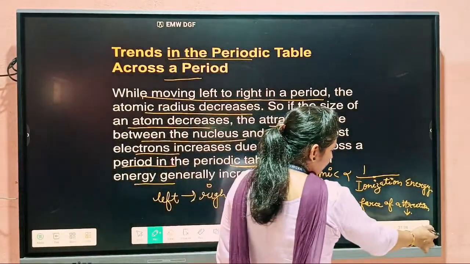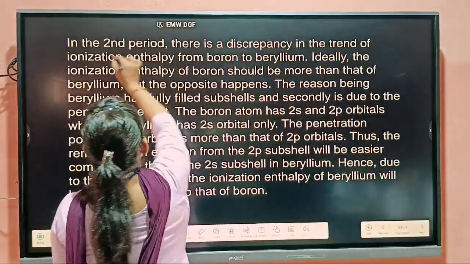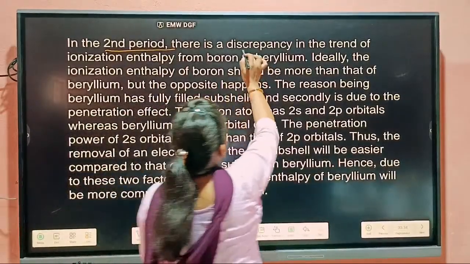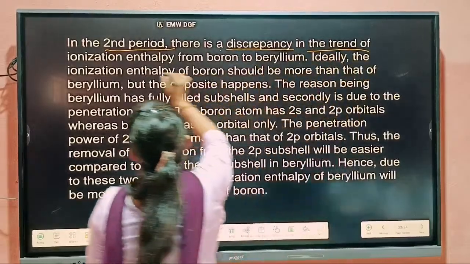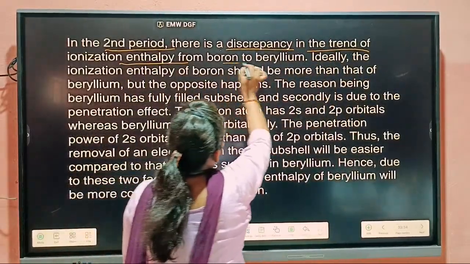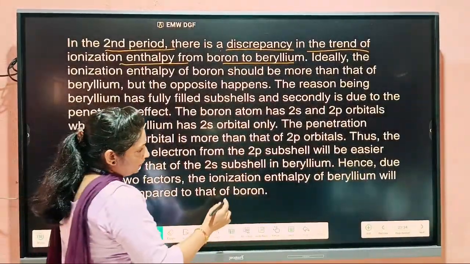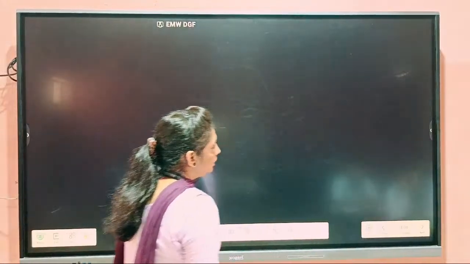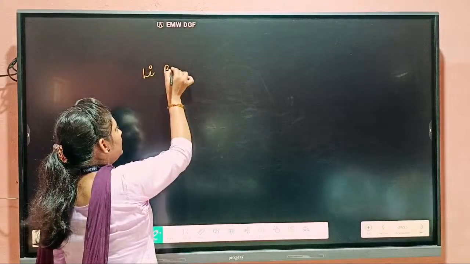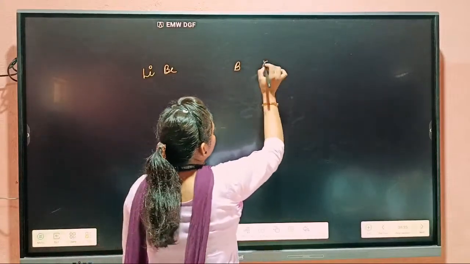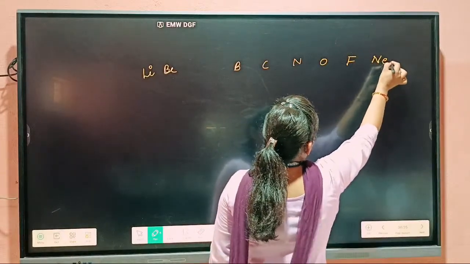Then in the second period, there is a discrepancy in the trend of ionization enthalpy from boron to beryllium. What do you mean by this? If I talk about the second period, the elements are lithium, beryllium, then boron, carbon, nitrogen, oxygen, fluorine and neon.